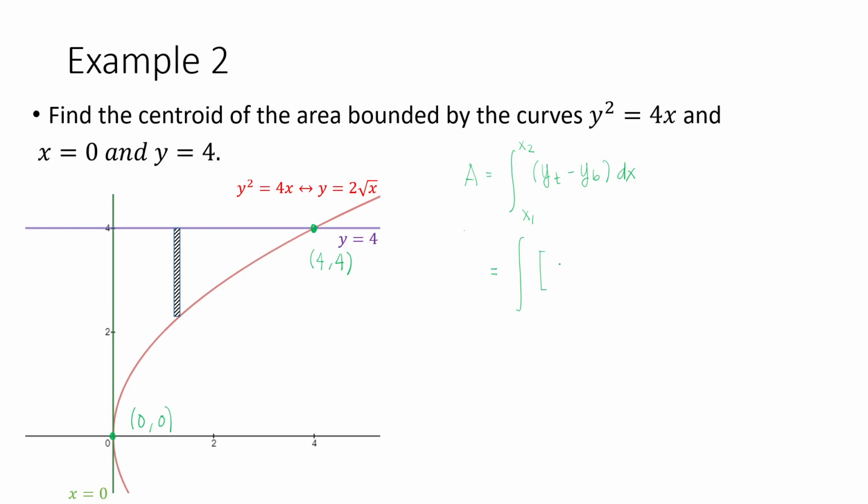So y top is the purple graph, equal to 4 only, minus y bottom, which is equal to 2 square root of x, and then dx from 0 to 4. And then the area would be equal to, okay, so how much is the area?